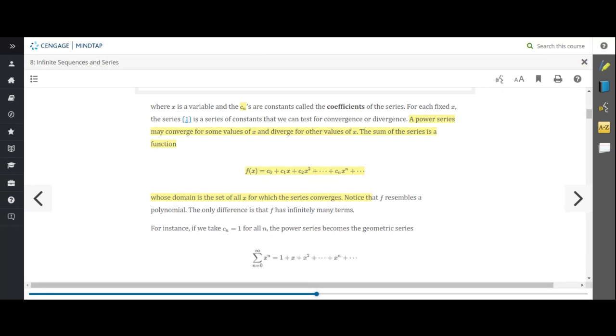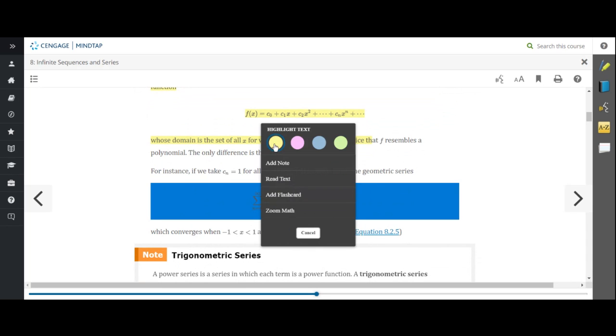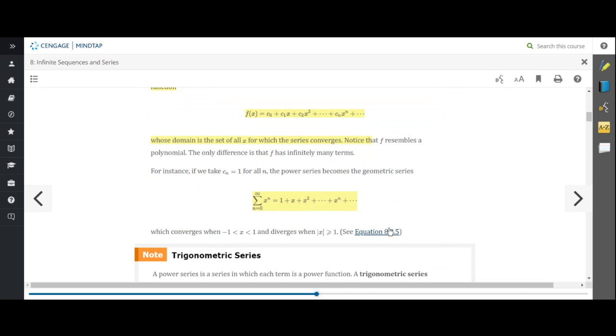The sum of a power series is a function whose domain is the set of all x for which the series converges. Ultimately what we're going to do is take functions and represent them as these power series. We want to take functions eventually and write them as power series.